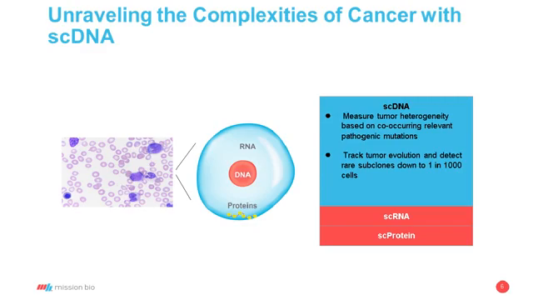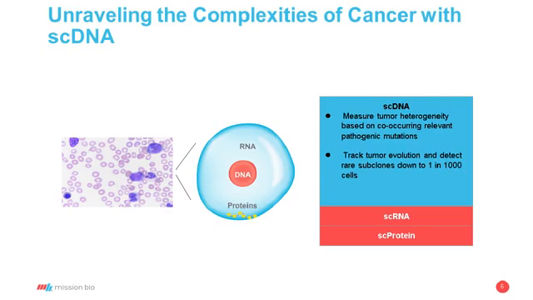We want to look at this heterogeneity across thousands of single cells. We can do this at the single cell level by tracking the evolution of these subclones and detecting really rare subclones down to 1 in 1,000. Our focus is looking at the DNA and unraveling the complexities of cancer.